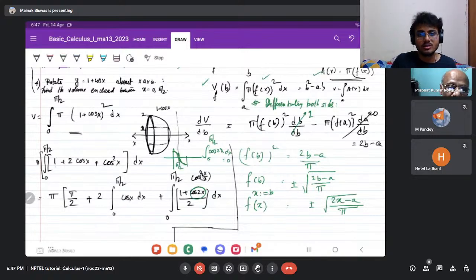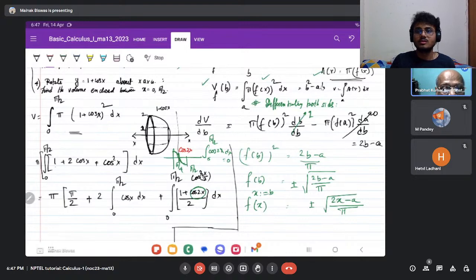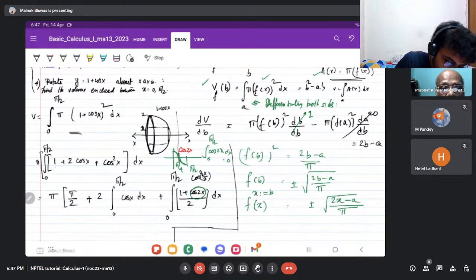Agreed? This is the graph of cos 2x. But sir, there will be a 4 outside. Where? But you will be having 0, right? This is an odd function.